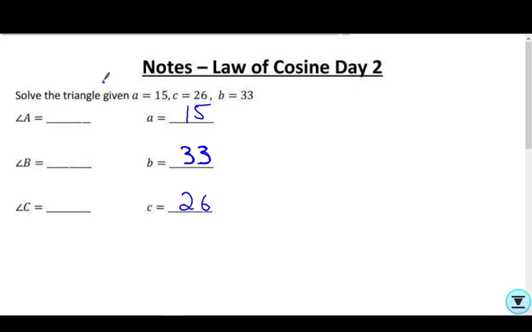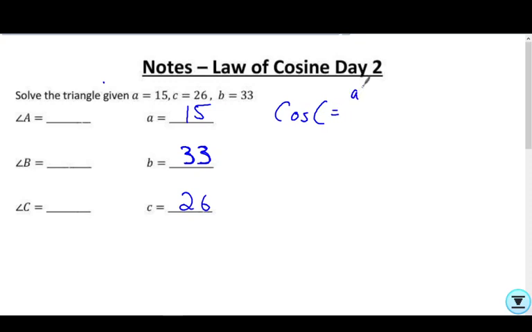So to solve it, you notice we have all three sides, but we don't have any of our angles. When we start off with side, side, side, we have to use that alternate form that I gave you guys to find one of the angles. It's just solving the law of cosines.